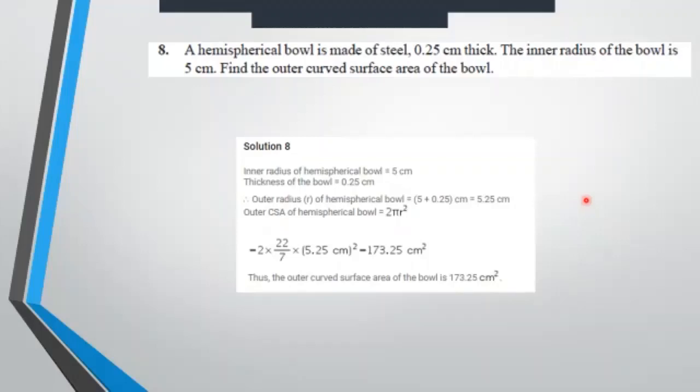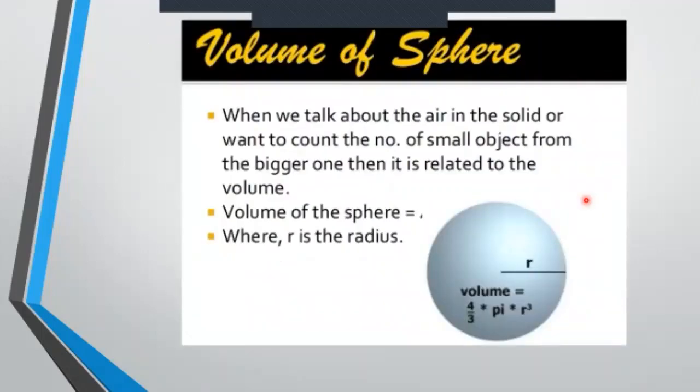Fine with it? Shall I move to the next part? Now we are going to volume of spheres and hemispheres. When we talk about air in a solid thing, we are always talking about volume. Volume is the amount of matter. So the volume of a sphere is nothing but 4 by 3 pi r cube.